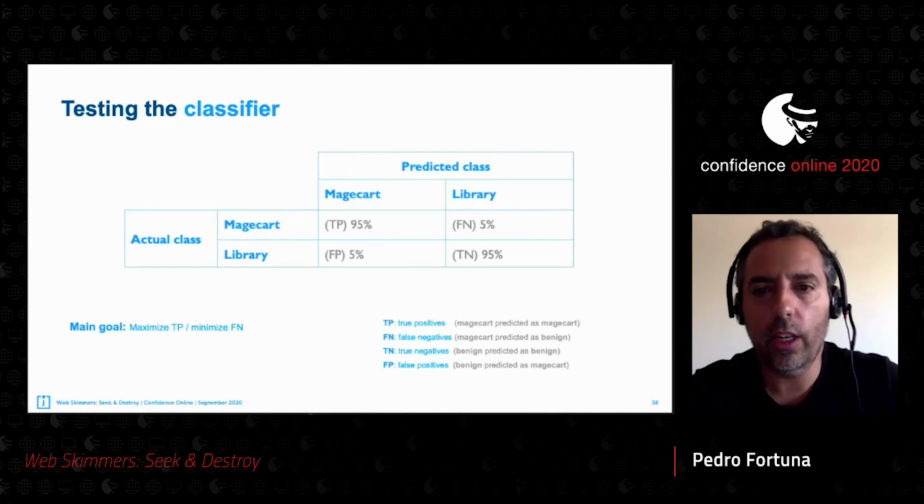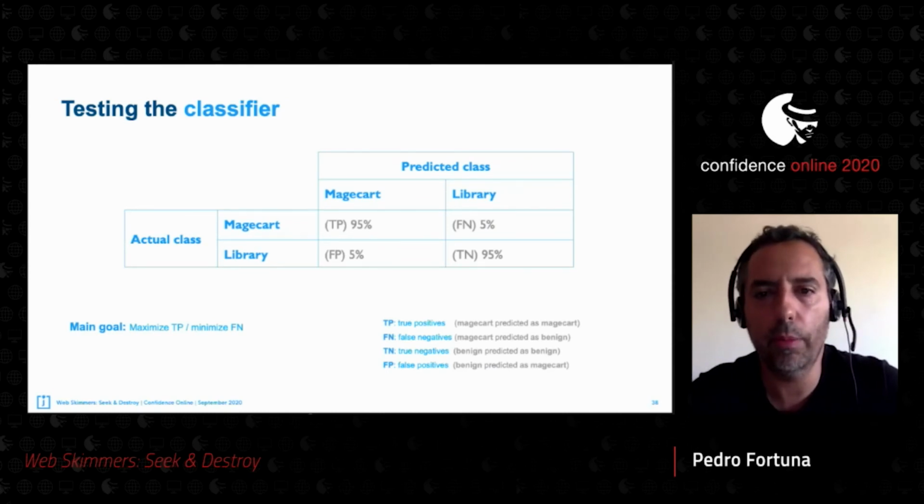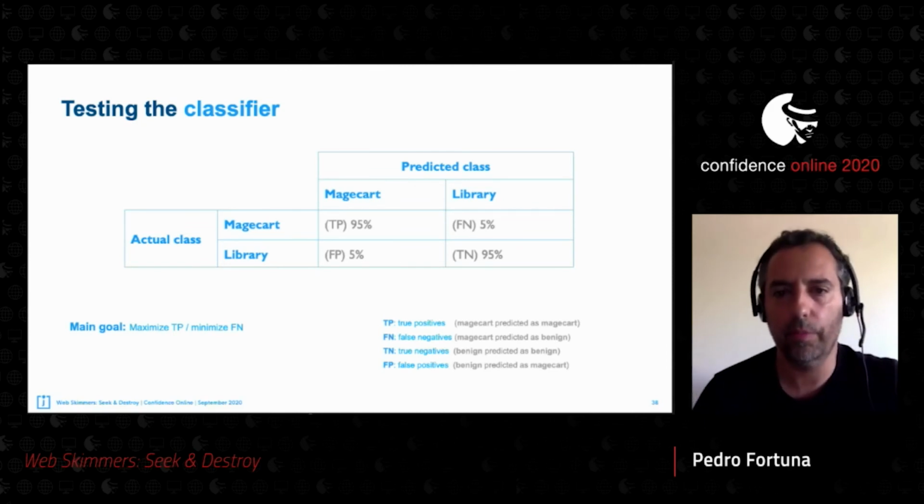The results were very good. We got 95% true positives. So we consider these to be very promising results. Obviously, we are still optimizing and improving the classifier, but for the first batch of results, I think they are very promising.